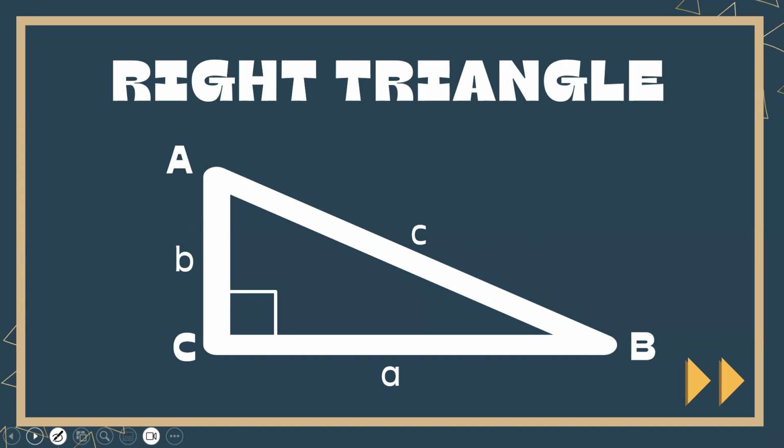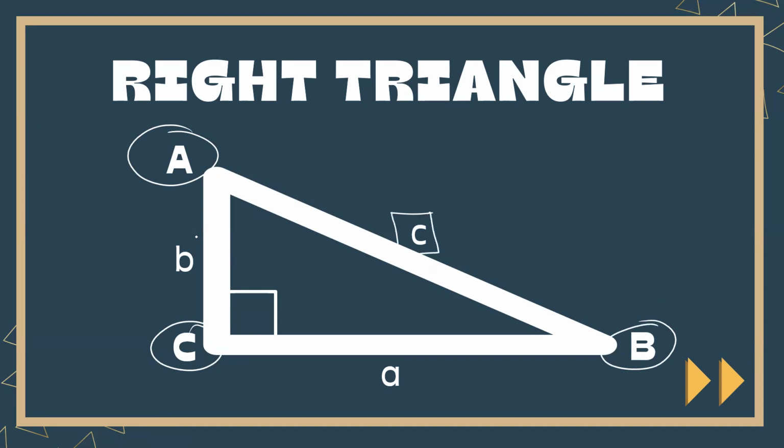So take note, this is the convention that we will follow on how we label the vertices. Again, the vertices are the corners of the triangle, and the sides are opposite each of the vertices. This is the convention we will follow in discussing trigonometric ratios.